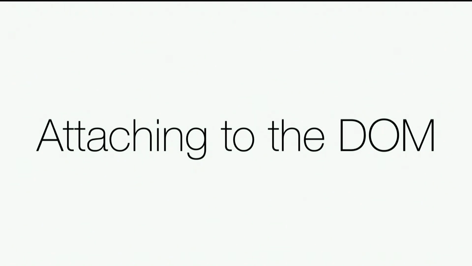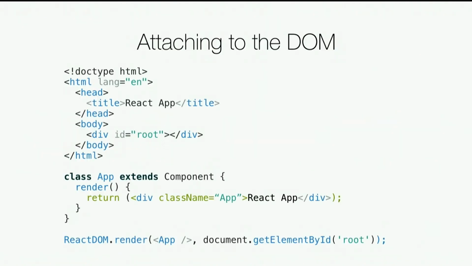So last but not least, how do we get it attached to the DOM? So these are not all actually in the same file. I just put them all on one slide for clarity, for compactness. But say we have an HTML file where we have that empty div with an ID of root. We have a basic component that just returns a div that says React app.